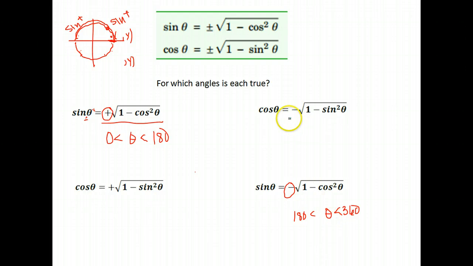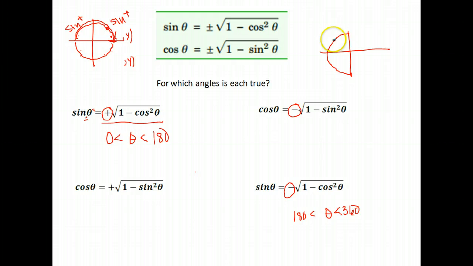All right, what about our cosine? Okay, if we look at our unit circle, for what values would cosine theta be the negative square root of 1 minus sine squared? Well, that's when we would want a negative result. So that would be the quadrants in which cosine is negative. Cosine is the x value of a given point, so it would be negative wherever x values are negative on a graph.